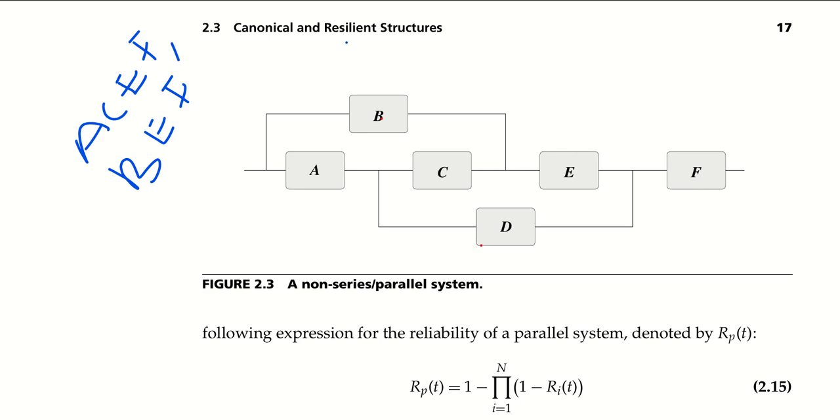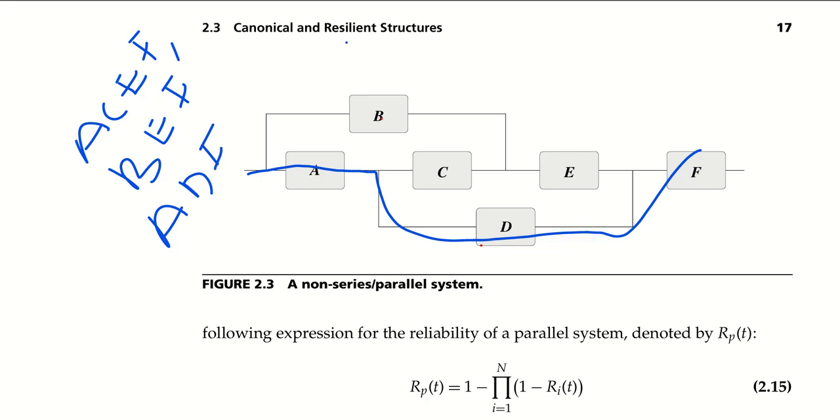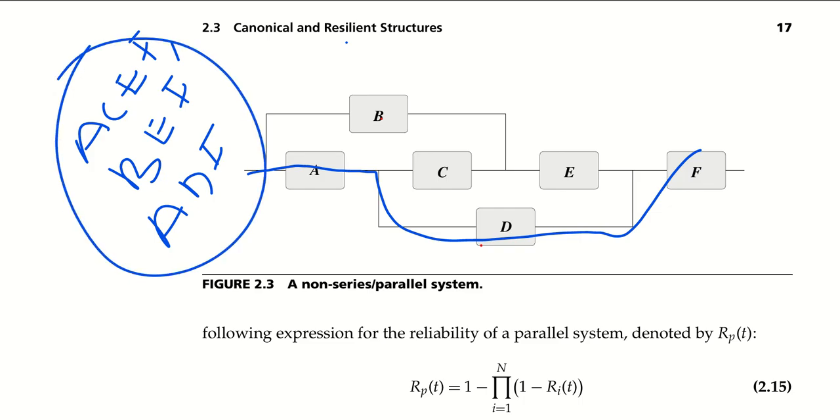The third way you can say is what? You can take A through D then F, right? So A, D, F. Is there any other way I've missed? No, I don't think so. So these are the three paths you can take.